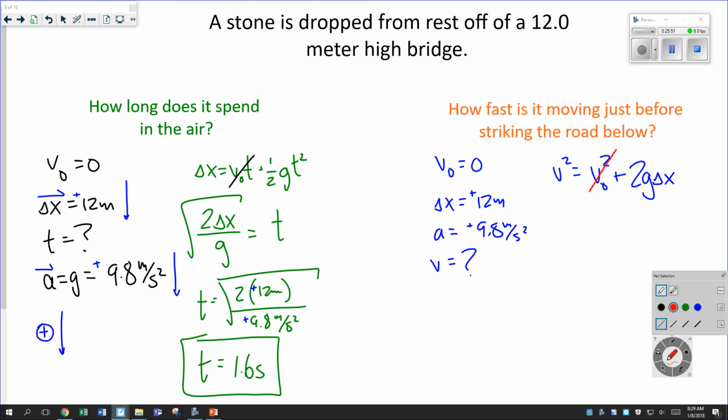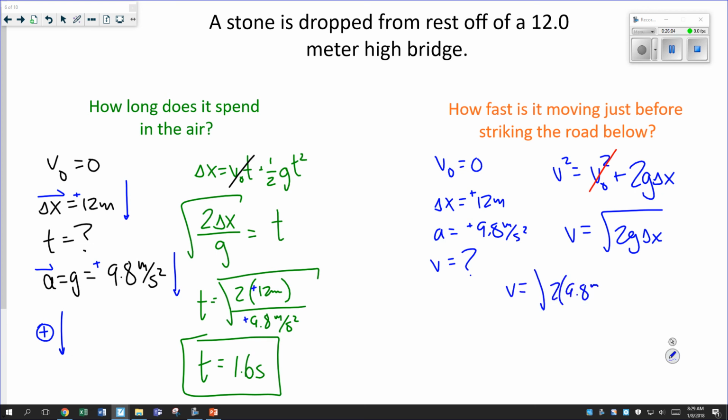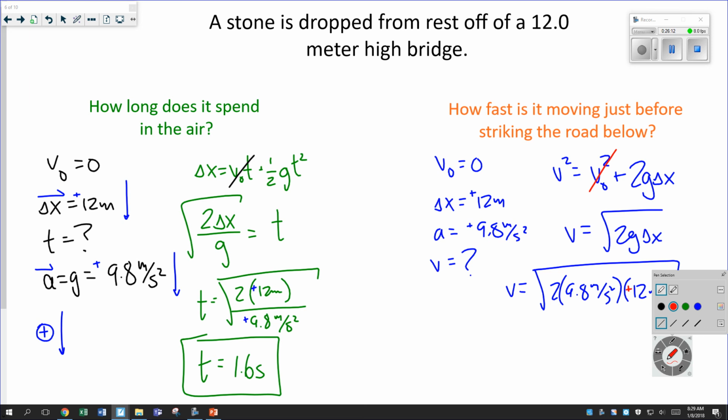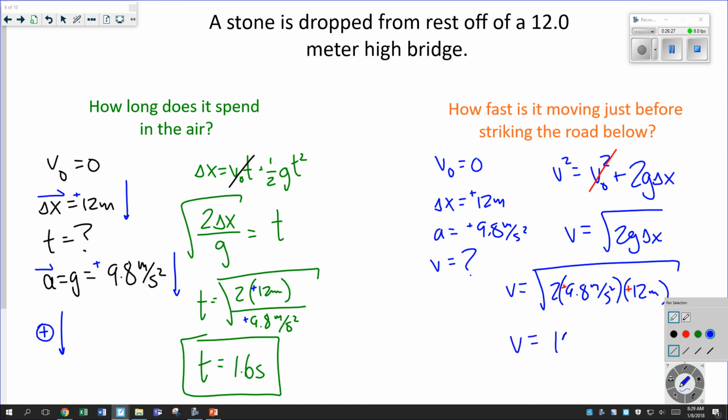That goes, and so V is the square root of 2g delta x, the square root of 2 times 9.8 meters per second squared times 12 meters. Again, these things are both positive. No magic where we have to disregard some signs. So that's the square root of 240-ish. It's like 16 meters per second or so.